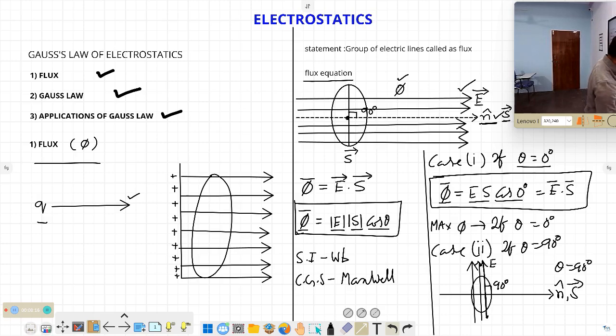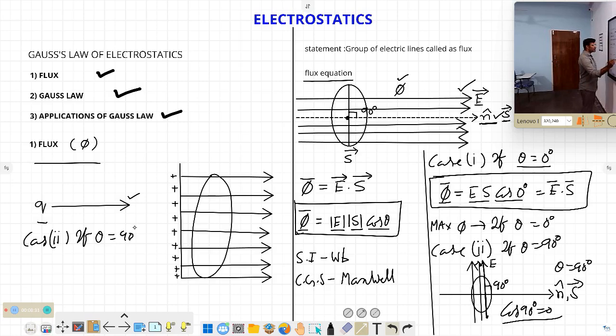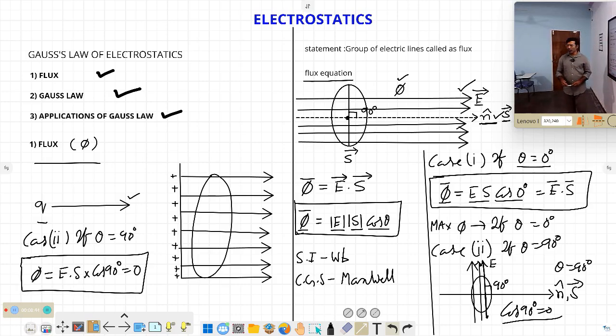What do you get? The cos 90 value is 0. 0 into anything is 0. So in case 2, if theta is equal to 90 degrees, the flux is E into S into cos 90 degrees, which totally becomes 0. So what is the flux? 0. The most important concept here is that if the electric field passes perpendicular to the normal, along the surface, the flux is 0, while flux is maximum when the field is parallel to the area vector.